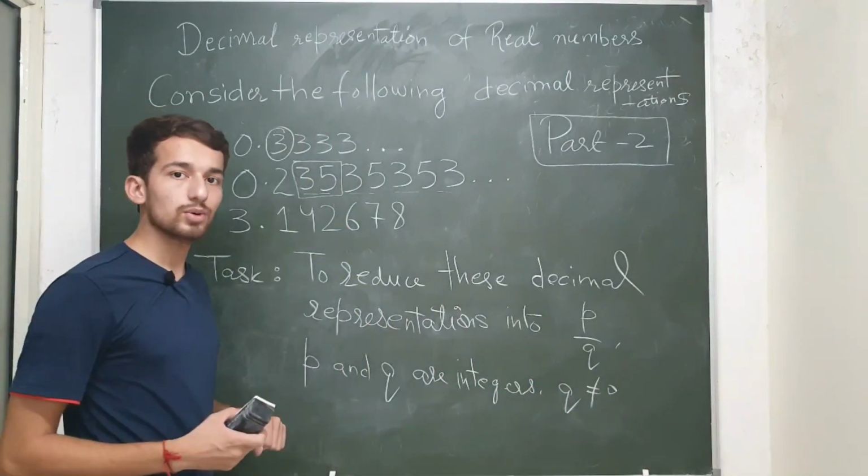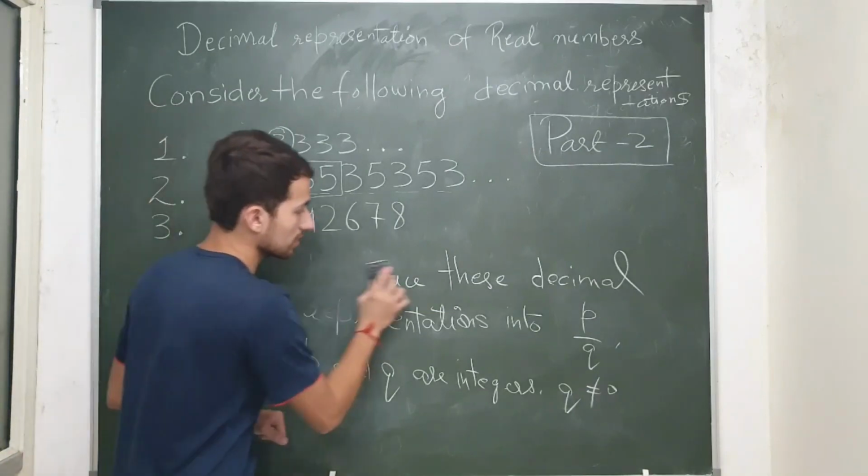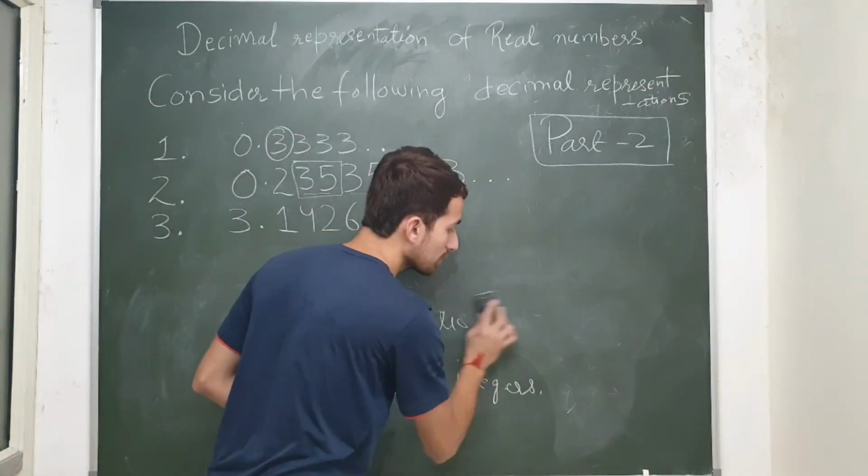So what we are interested in is reducing the given decimal representation into the form of this ratio P by Q. Now let's first consider the first case. We understood what our task for today is.